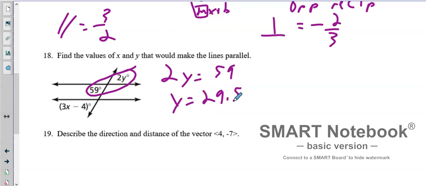Okay? Now, for parallel lines, though, we have alternate exterior angles. But the problem is, don't write this down, this does not help us because one's y and one's x.